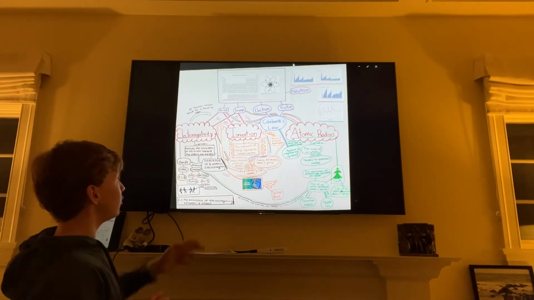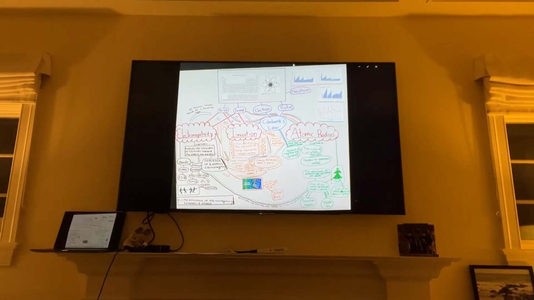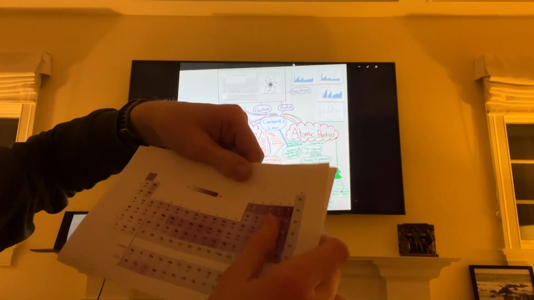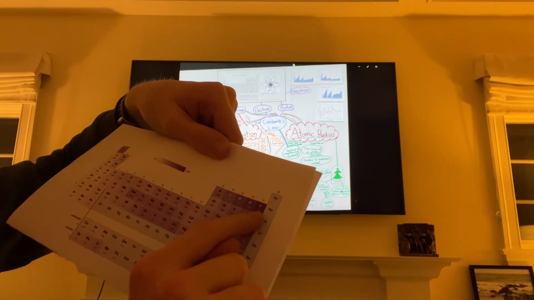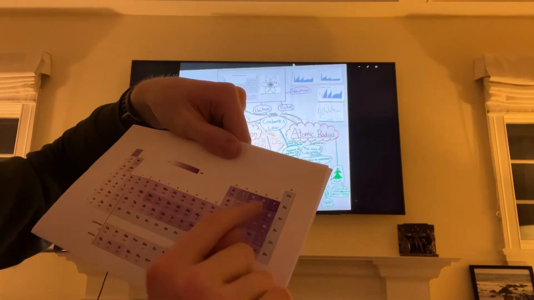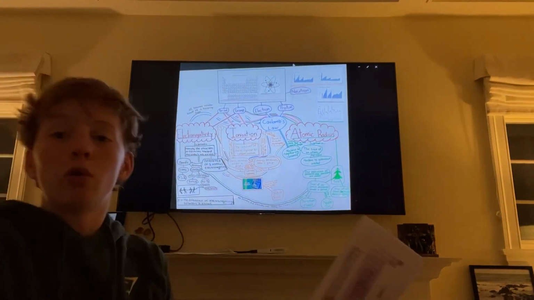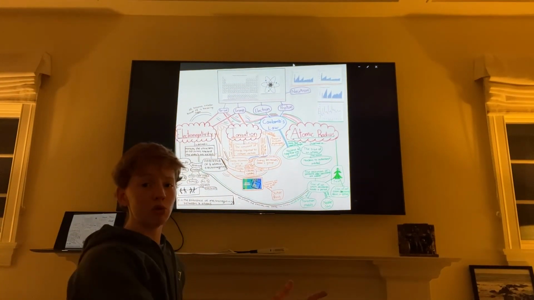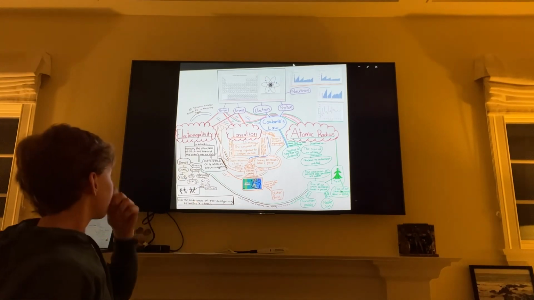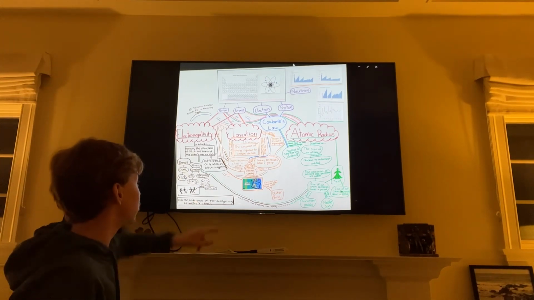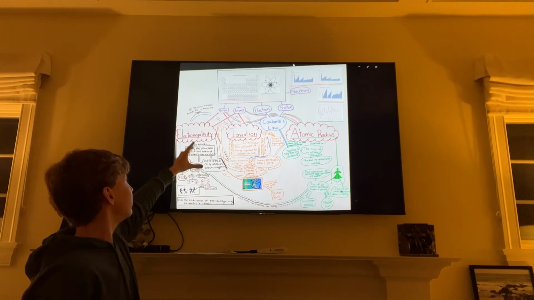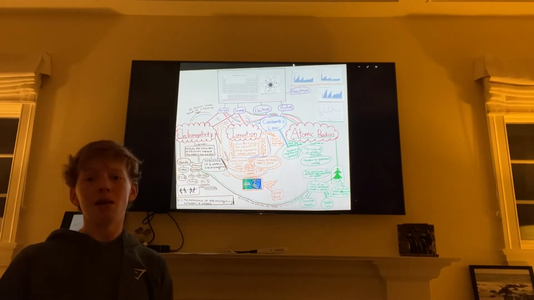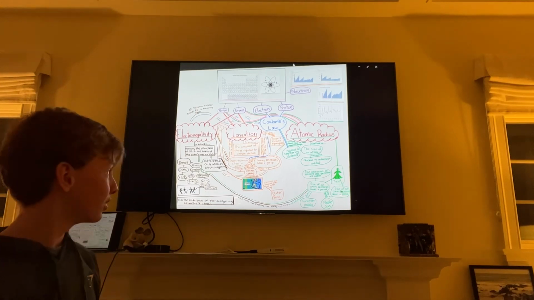The higher the electronegativity of one, so if fluorine is having a tug of war with cesium, fluorine's going to demolish cesium, and it's going to end up taking its electrons. And if the difference of electronegativity between the two is less than 0.5, then they're just going to end up sharing their electrons.